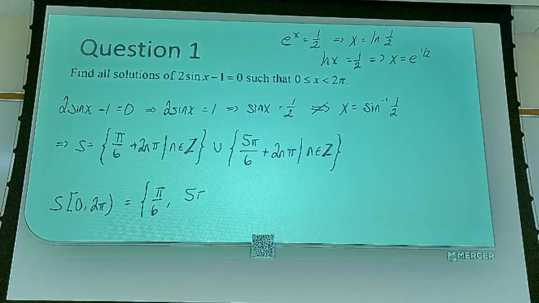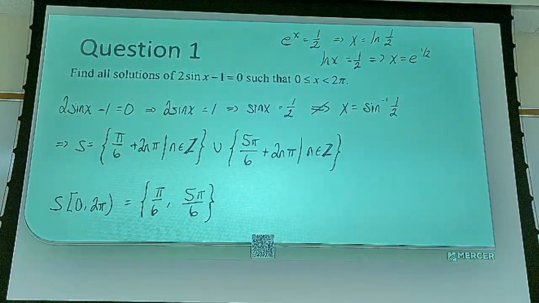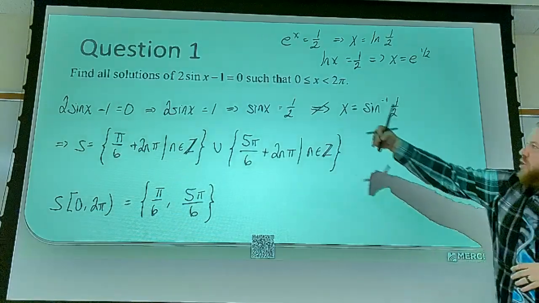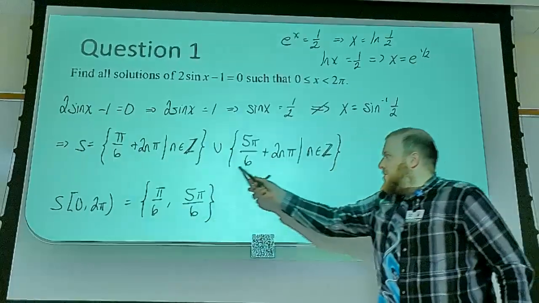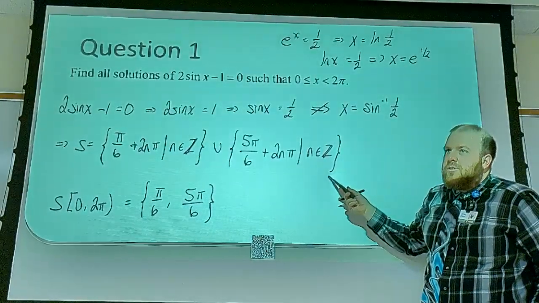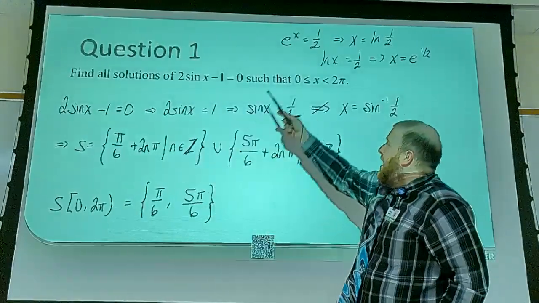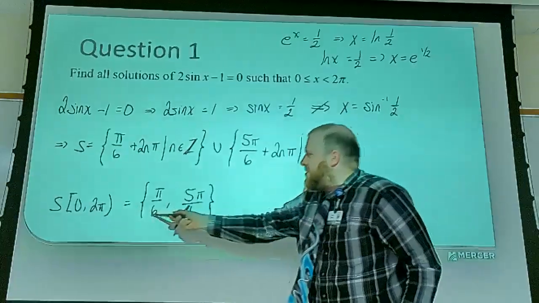It's just the 2 that are on the unit circle. So if the question was simply find all solutions, this would be your answer. Now it's telling us on an interval, so this is the solution.